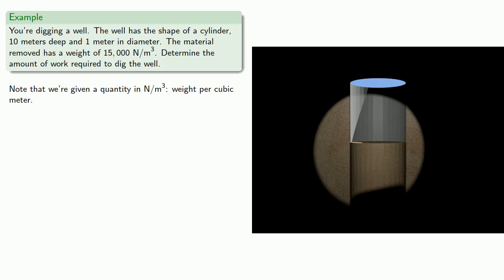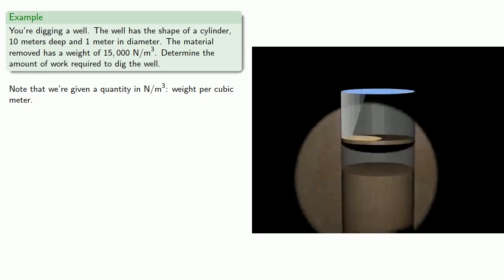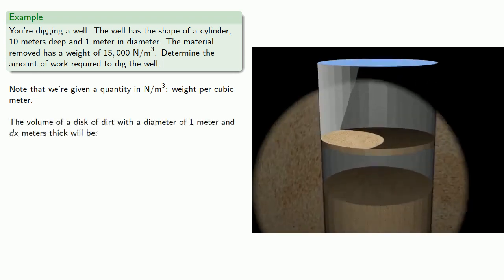So we note that we're given the quantity in newtons per cubic meter, and that's the weight per cubic meter, which means we need to know the volume of the dirt removed. So if we take that thin slice, the volume of a disk of dirt with diameter 1 meter and dx meters thick, well, that's the volume of a very short cylinder, pi r squared h.